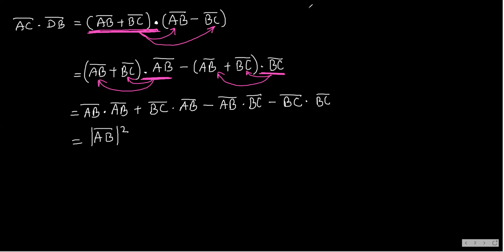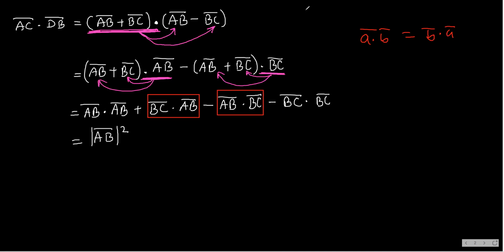Now here what we see is, look at these two. Here you have BC bar dot AB bar. This is BC bar dot AB bar, and this is AB bar dot BC bar. They are equal because in dot product we know A bar dot B bar is the same as B bar dot A bar.